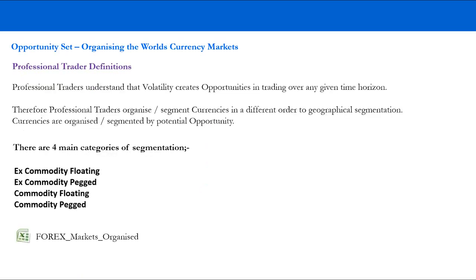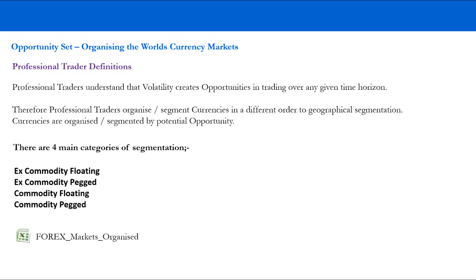Now, as professional traders, we've briefly skimmed over this, that what really matters to us is volatility. So when we define currencies, we don't really care that a country is in the G10 or not. Why would we care? As traders, what we're seeking out is volatility.